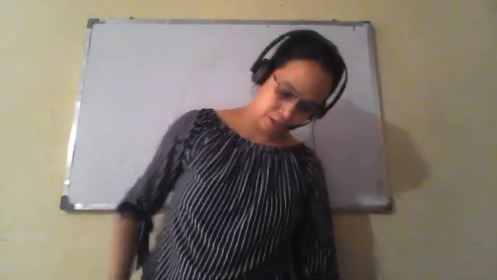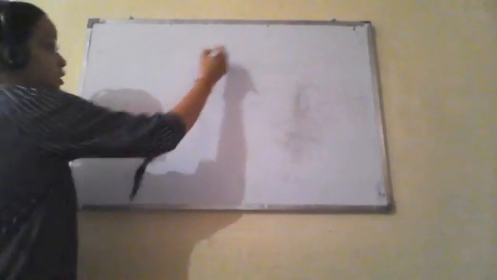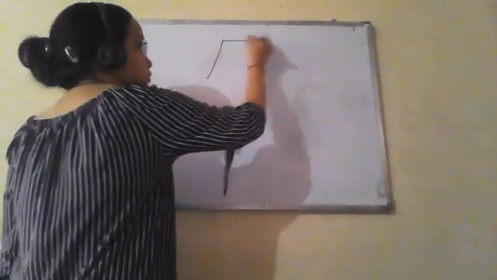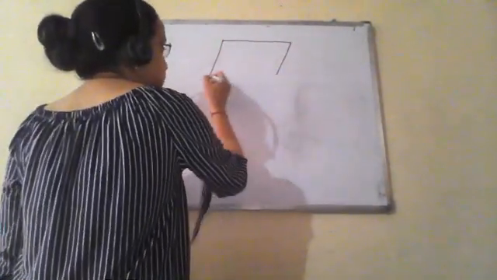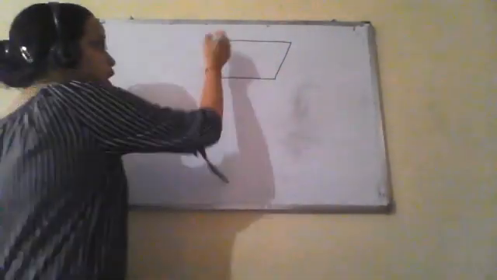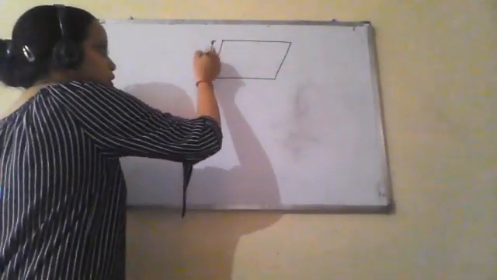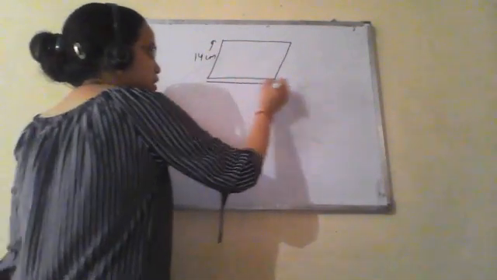Next example: a rectangular sheet of paper of width 14 centimeter is rolled along its width and a cylinder of radius 20 centimeter is formed. Find the volume of the cylinder. Now we have been given a rectangular sheet and its width is 14 centimeter.